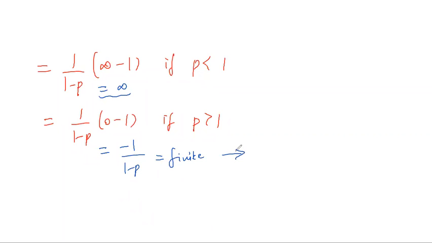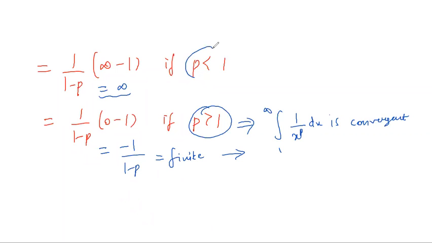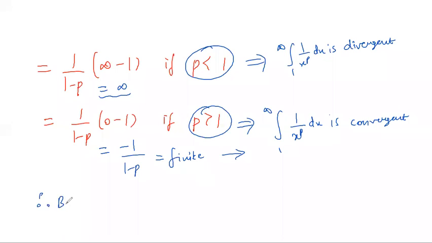So इस केस में, फॉर p ग्रेटर देन 1 वाले केस में, हमारा जो इंटीग्रल है ∫ 1/x^p dx, दिस वन इज कन्वर्जेंट बिकॉज उसकी वैल्यू फाइनाइट आई है. और p लेस देन 1 वाले केस में हमारा जो इंटीग्रल है उसकी वैल्यू आई है इनफाइनाइट. सो दैट इज डाइवर्जेंट. तो देयरफॉर, बाय इंटीग्रल टेस्ट, सो व्हाट इंटीग्रल टेस्ट टेल्स कि जो भी इंटीग्रल का बिहेवियर होगा वही सीरीज का बिहेवियर होगा.